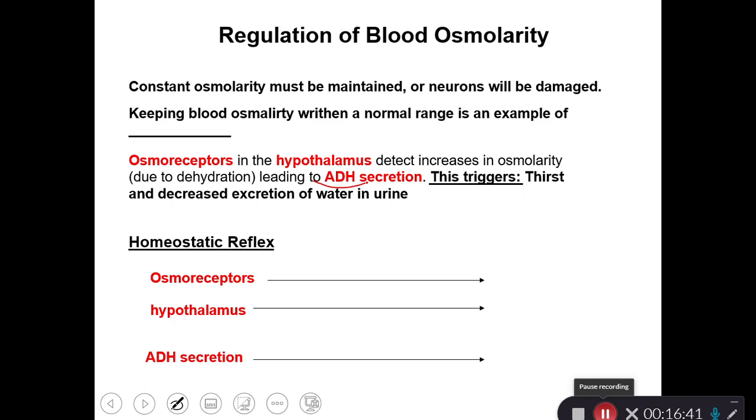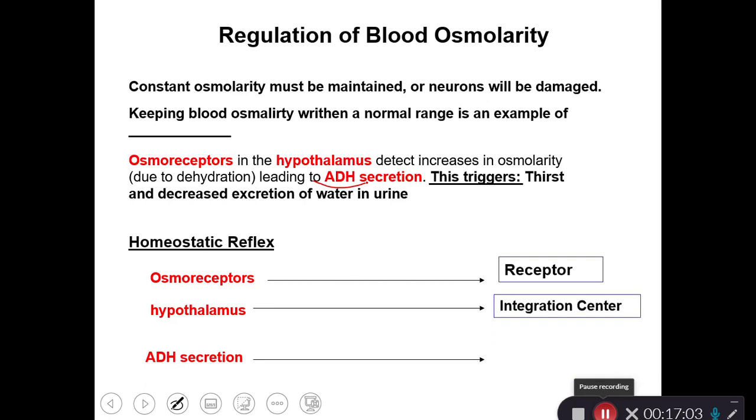Remember, adding water or taking away salt would help the concentration to decrease. So this helps the osmolarity to go down to normal. It is a negative feedback mechanism. So our receptors here are the osmoreceptors, and the center is in the hypothalamus.